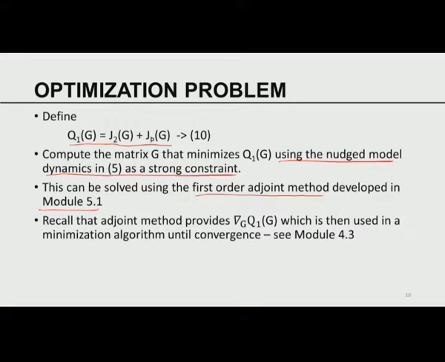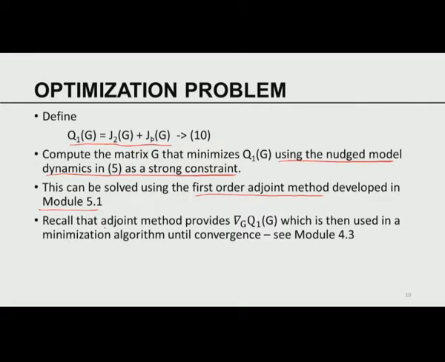We start with the G, run the model forward in time, compute the forecast errors, compute the objective function, and evaluate the gradient of the objective function. And then once you evaluate the gradient numerically, I can use it in a gradient method so as to minimize the objective function Q1G.